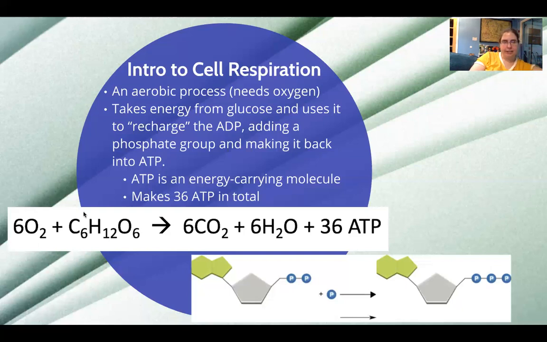Here we have 6 oxygen gas plus glucose gives us 6 carbon dioxide plus 6 water plus energy in the form of ATP, specifically 36 ATP. There we go. That hopefully helped. All right, so let's move on then, shall we?